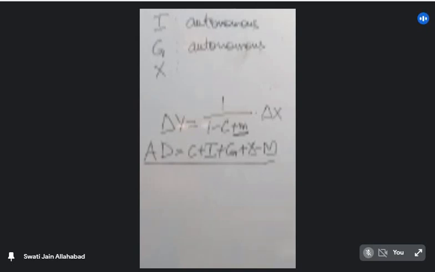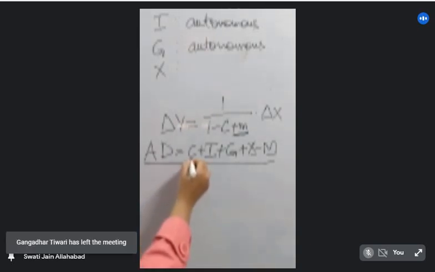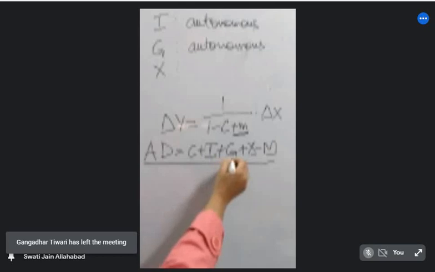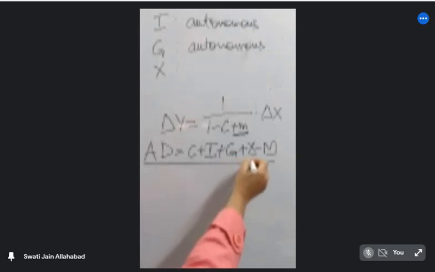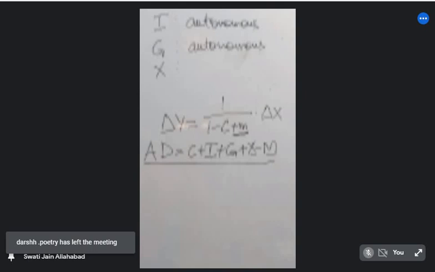This model has variables. Which are the variables? C, consumption; I, investment; G, government expenditure; X, export; M, import. Export does not depend on any of these variables. At the same time, aggregate export does not depend on AD or on the income level.